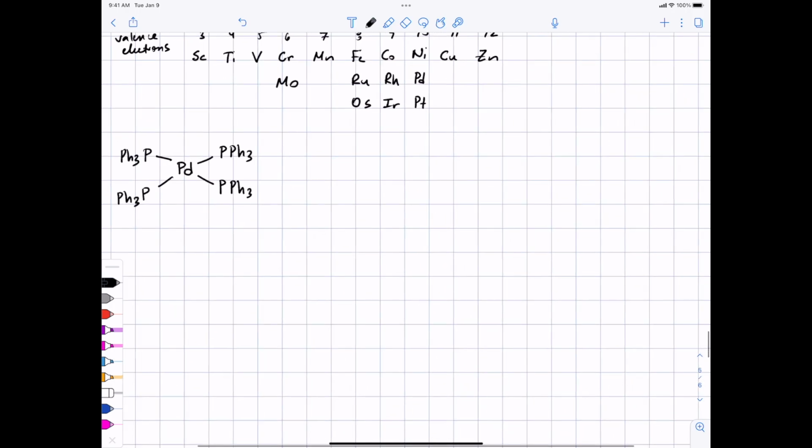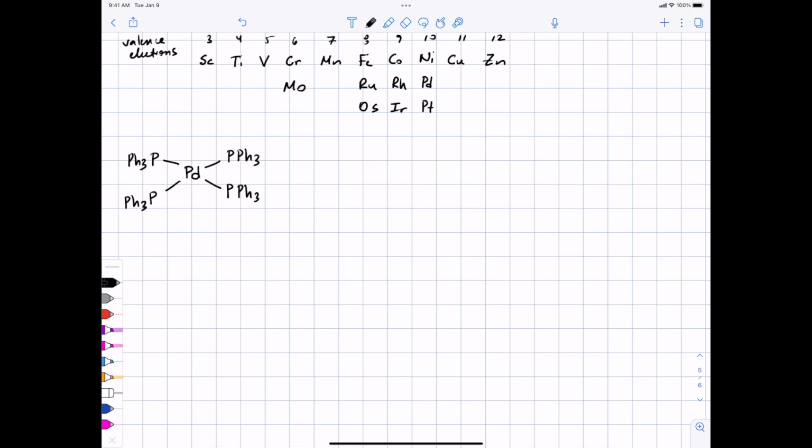Sometimes that's called tetrakis triphenylphosphine palladium. The PPh3 is a phosphorus bonded to 3 benzene rings like this, so you can see why we've abbreviated that.